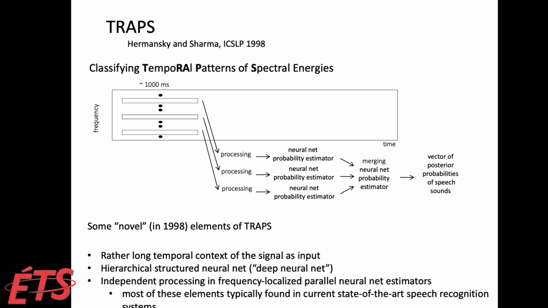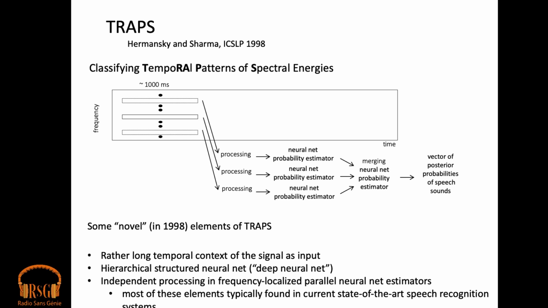We took 1 second of speech, went after some processing like cosine transform into the neural net, and then each of the neural nets would estimate the phonemes, probabilities of the phonemes at a given frequency. You fused everything into one neural net, and what you were getting out, a vector of posterior probabilities of speech sounds, turns out to be useful for speech recognition. So we called it TRAPS, and it was done in 1998.